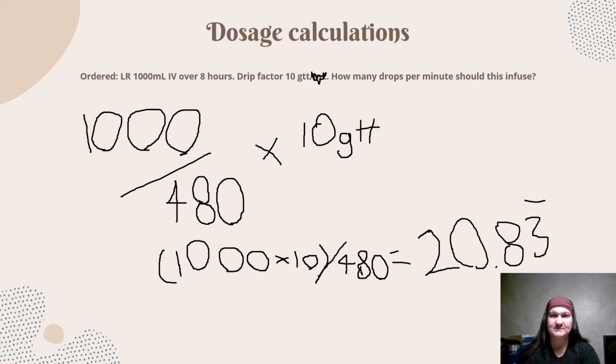You would set this pump to infuse 21 drops per minute, GTT over.